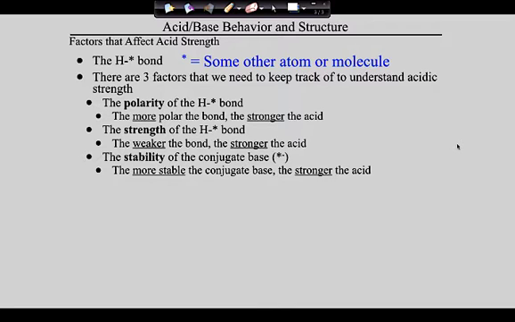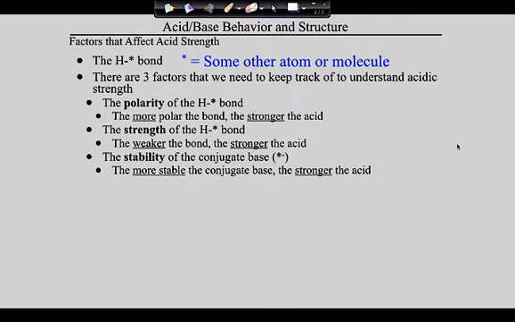Stability is such a secondary factor, as you said with fluorine, that we don't even consider it. What we're going to do now is look at HCl and HBr, and talk about why HCl is a stronger acid than HBr or HF. Well, HF, sorry. And it has nothing to do with stability.